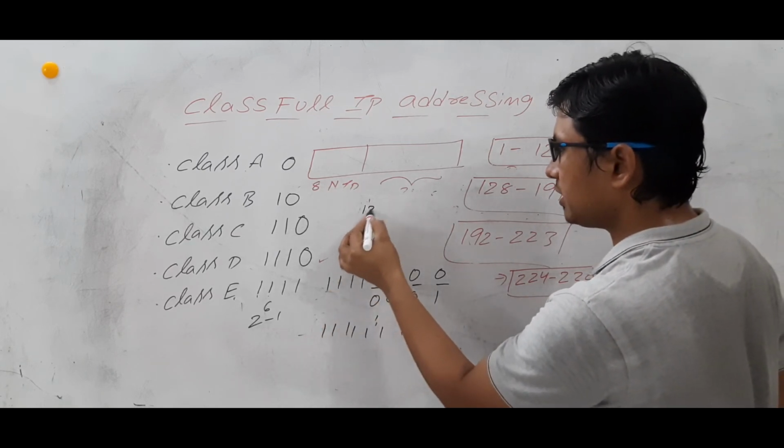This is 128 because it is 2 power 7. This is 64. This is 32 and this is 16. If you add everything, you will get 240. So class E range is 240 to 255.